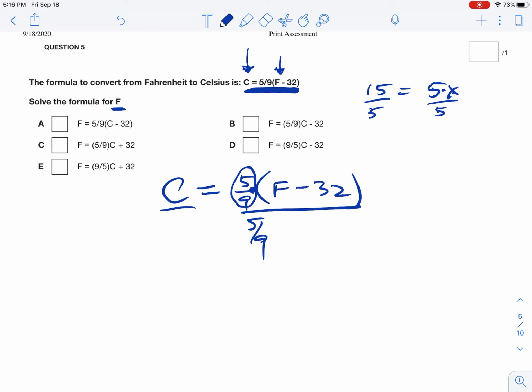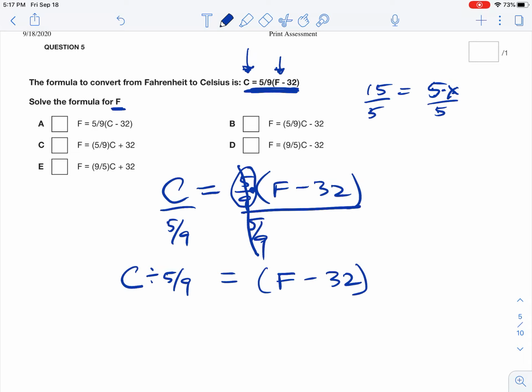And if you do it to one side, people, you're obligated to do it to both sides. So what we notice is this cancels out, and this is really kind of beautiful because then I'm left with this on the right side, and I'm left with this C over 5/9 on the other side. And hopefully you agree with me that when you have something over something else, it really is just a division problem.